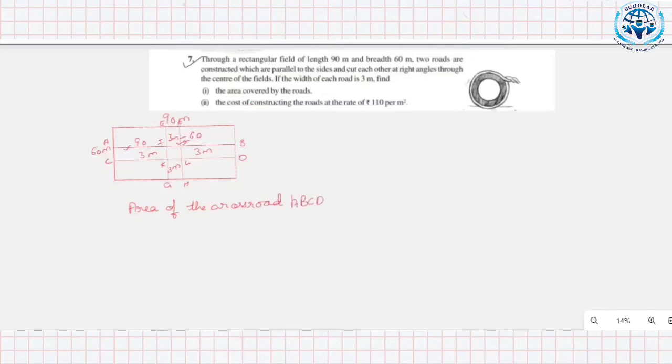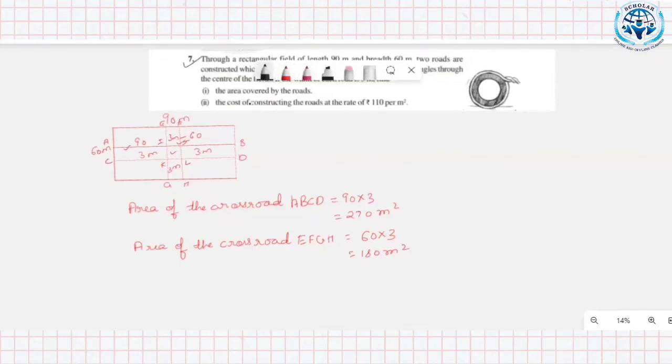I have named ABCD and EFGH. These are the names of the two roads. We have found out area of the two roads. Now IJKL is the common area. It is a square in shape.